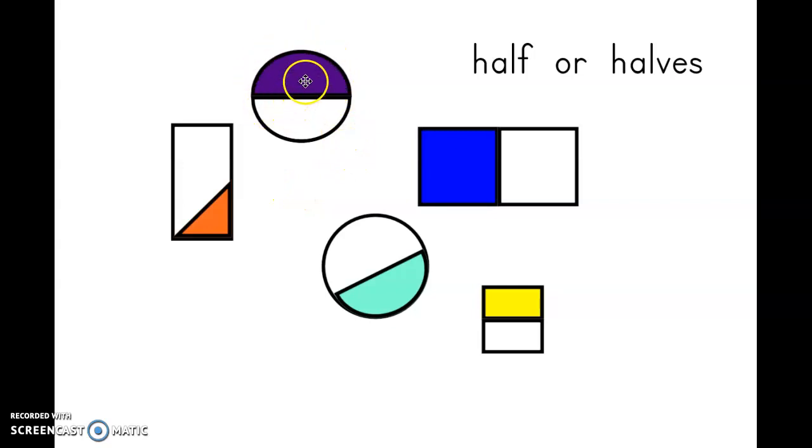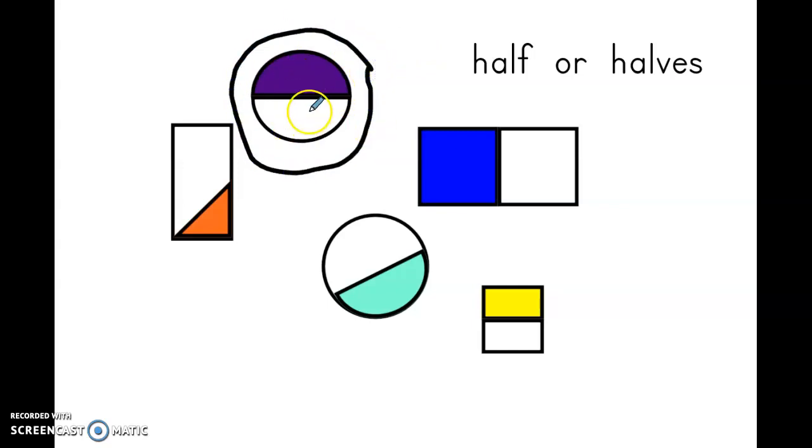If we remember back to our circle with the purple, this one is shaded into halves, or we could say one half is shaded purple. This rectangle, however, has two parts, but the parts are not equal. And remember, I've been saying that equal is a really important part of this.